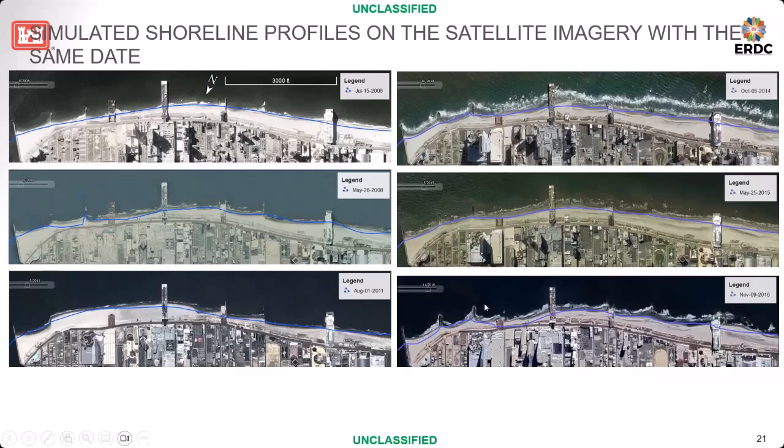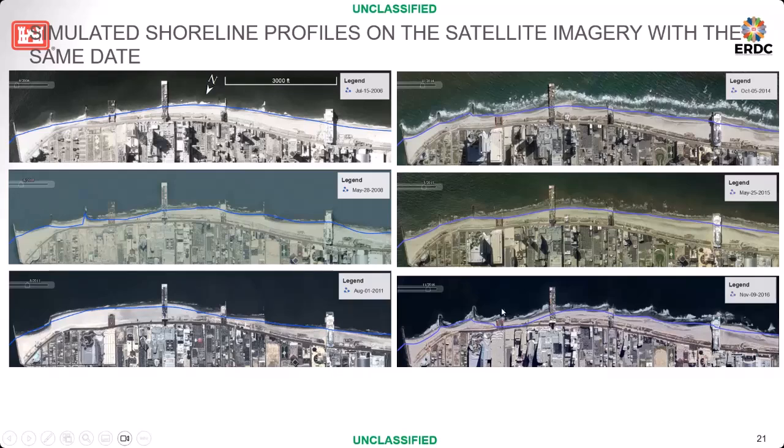In the extreme situation, with no beach fill and quite a lot of erosion forcing, you can see the simulated shoreline, which is mean high water, matches this large-scale shoreline variation, and also shows the curvature between the two structures.